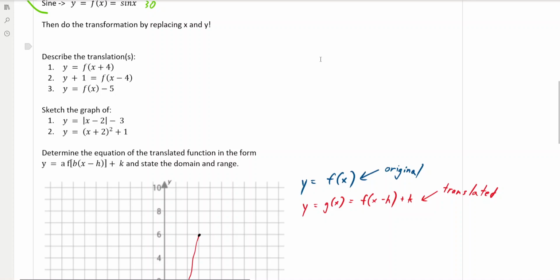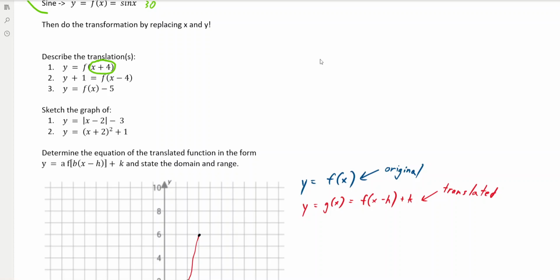So describe the translation. Just describing the translations, what we need to do is look at what is happening. What are we adding or subtracting? We're looking in kind of three different spots. We see there's nothing next to the y, nothing outside of our brackets. All that there is, is x plus 4, which means that x has been replaced with x plus 4.